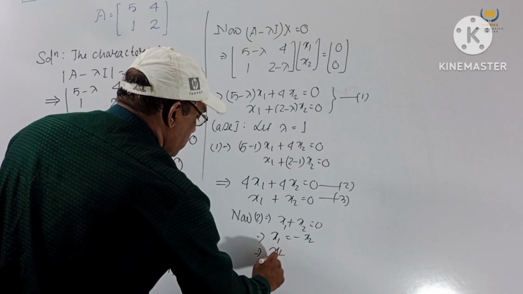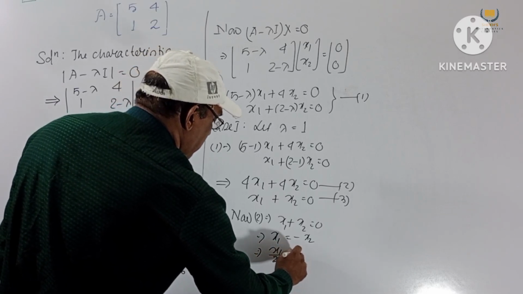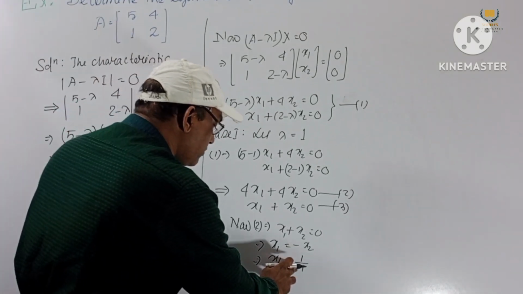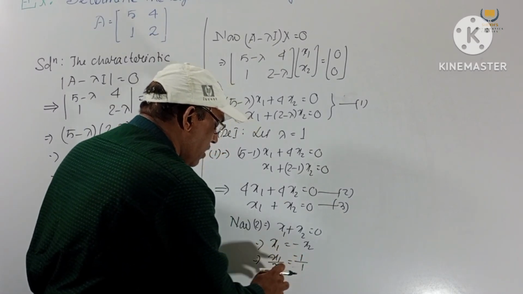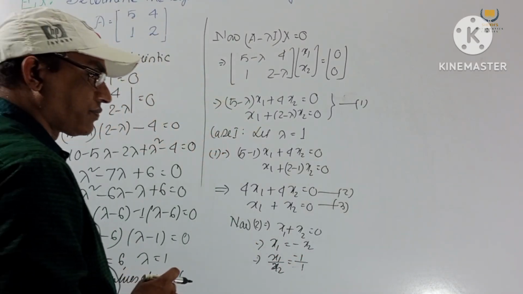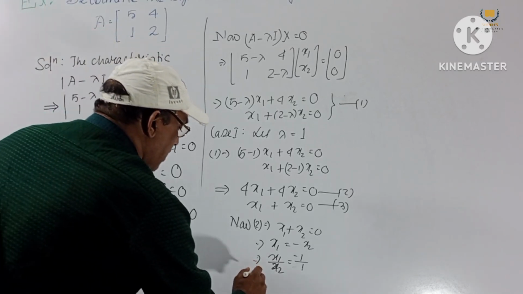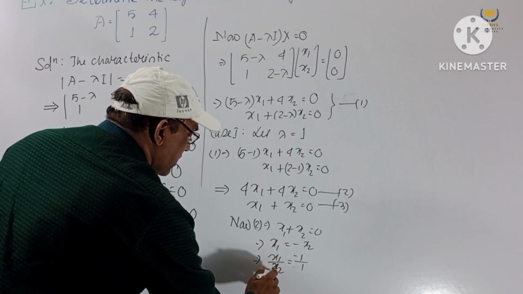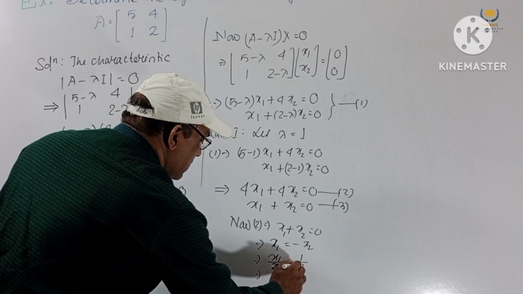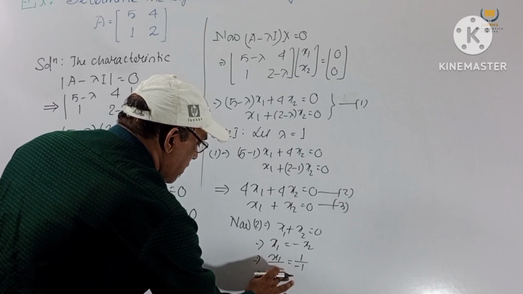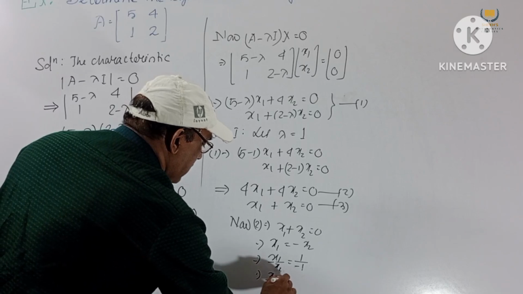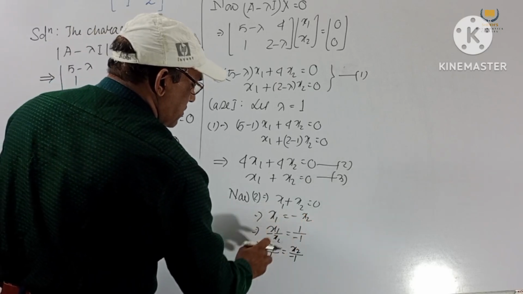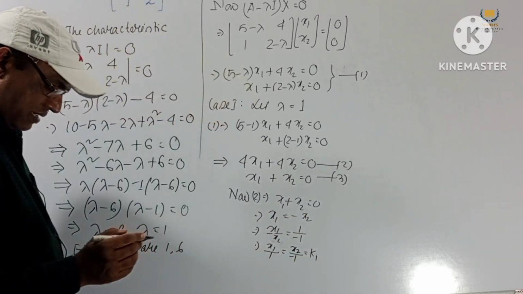So x1 by x2 is 1 by minus 1, that is, x1 by 1 equals x2 by minus 1, which is equal to k1.